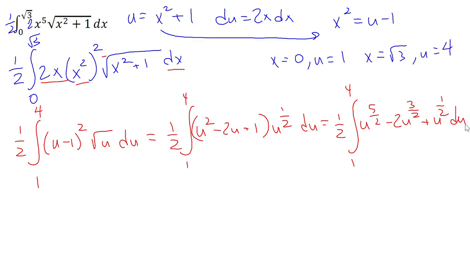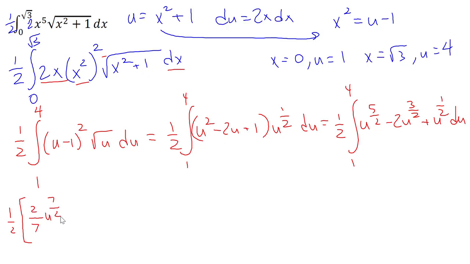And now we can just go ahead and do all of the integration there. If you want to throw the 1/2 inside, you can. If you don't want to, that's fine too. I think I probably would, but since I didn't write it inside there, I'm not going to. So we have a 1/2 out in front, and now our integral, which is u to the 5/2 there, becomes 2/7 u to the 7/2.